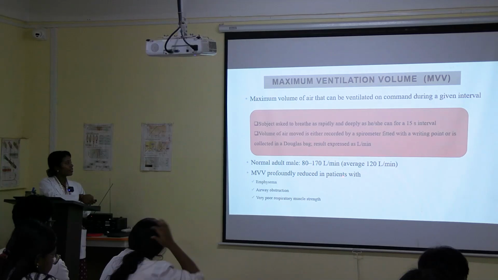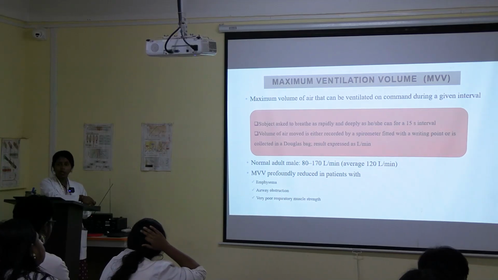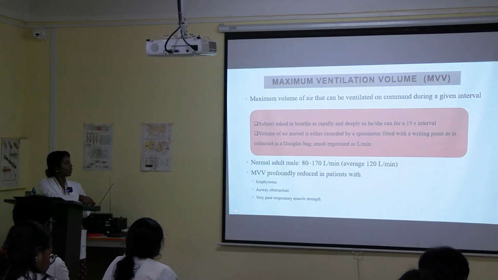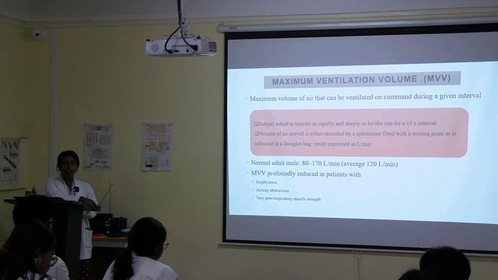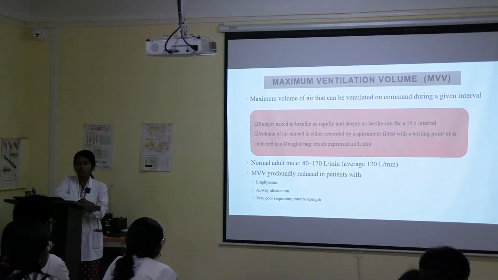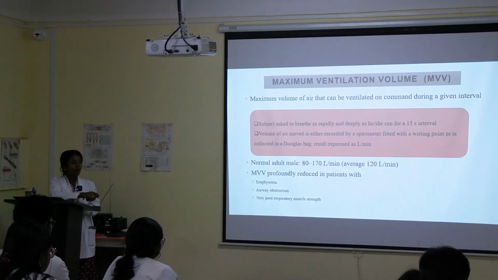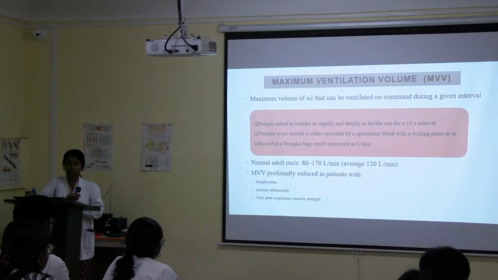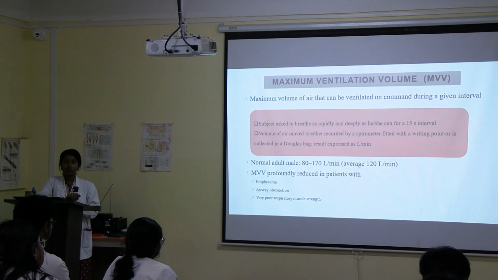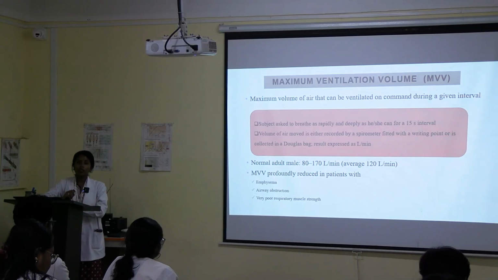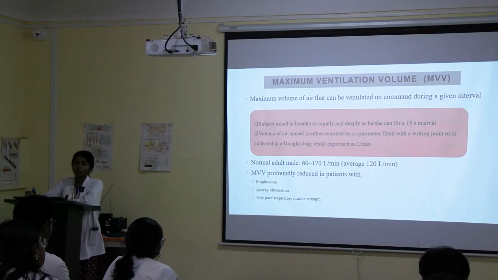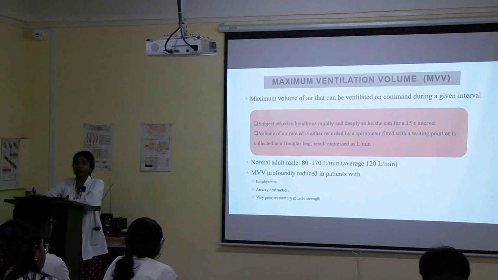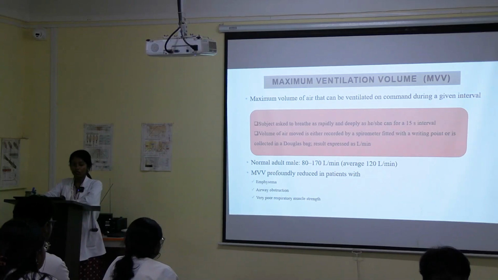That is reduced in a patient who has emphysema, airway obstruction, or very poor respiratory muscle strength. In this case, the MVV will be lesser. So normally that is 80 to 170, and we tell the person to take maximal inspiration expiration for a minimum of 15 seconds.